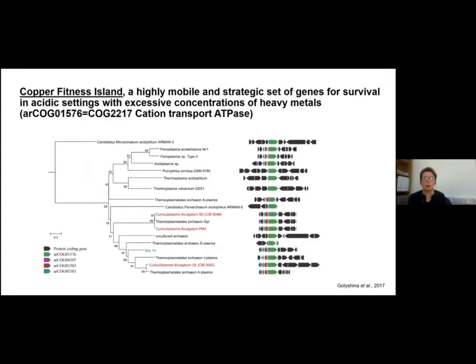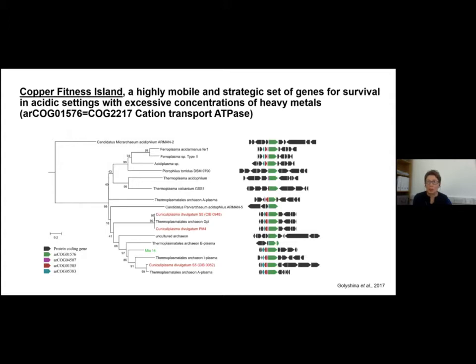We have also observed in genomes of Cuniculiplasma a so-called copper fitness island, which is probably quite important for these organisms for the survival strategy in acidic settings with quite high concentrations of heavy metals.